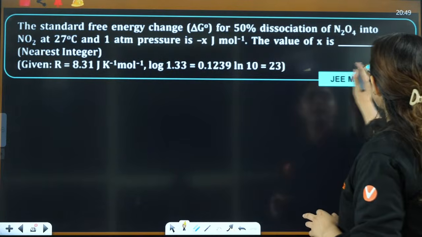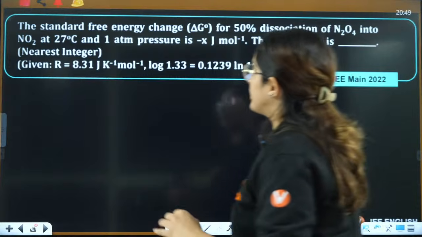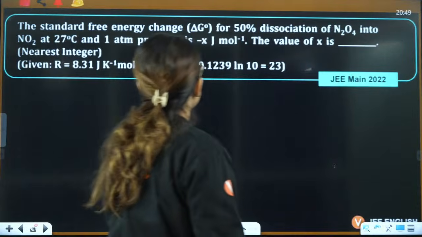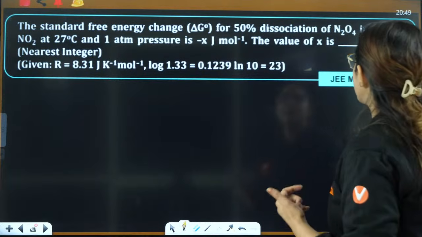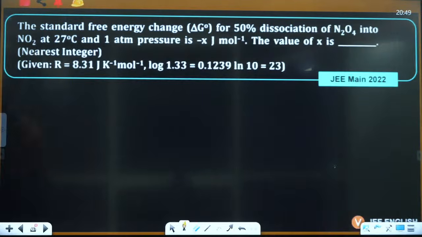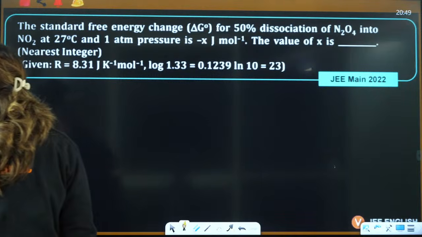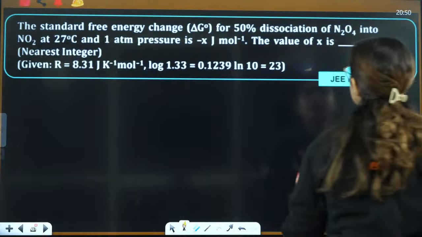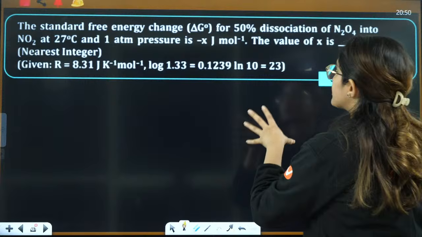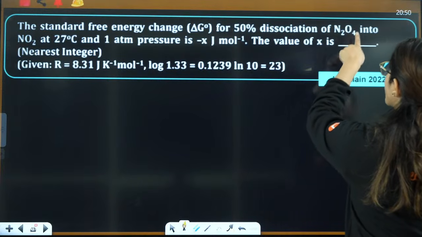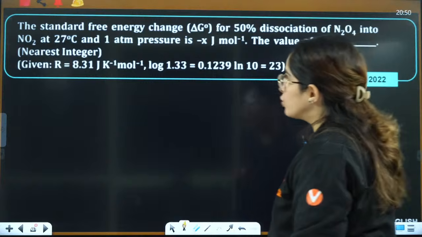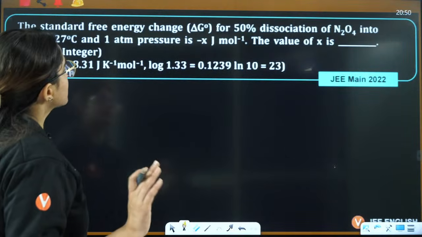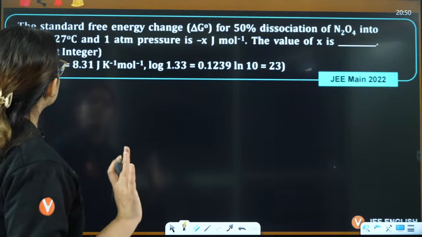So if you see JEE Mains 2022 question here, the standard free energy change for 50% dissociation of N2O4 into NO2 at 27 degrees Celsius, and this is given to be this, the value of X is what?